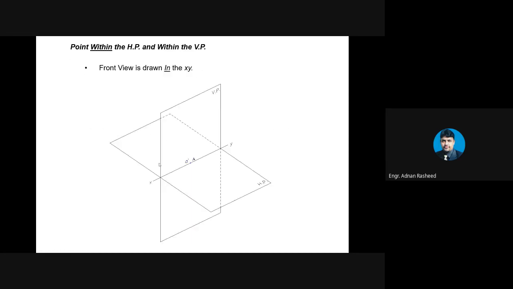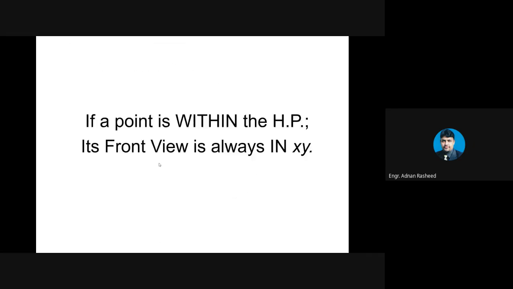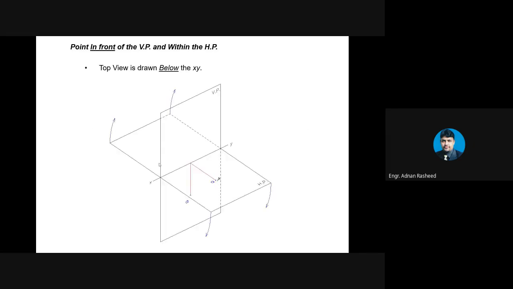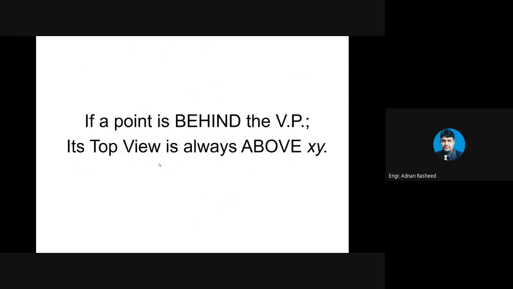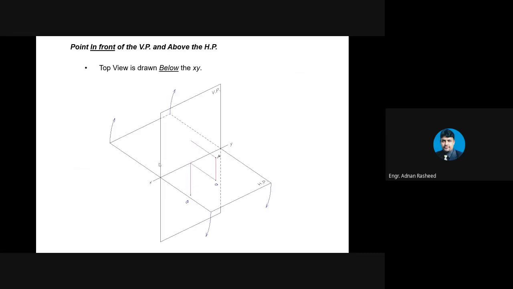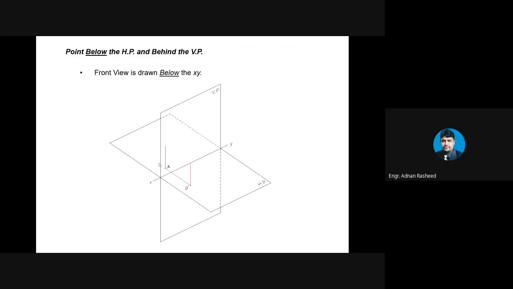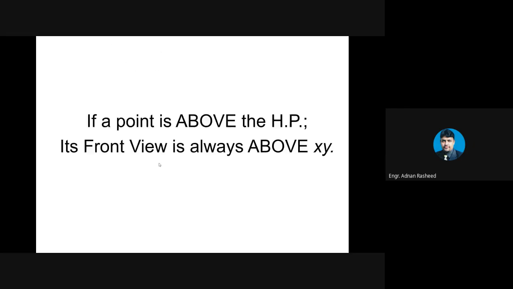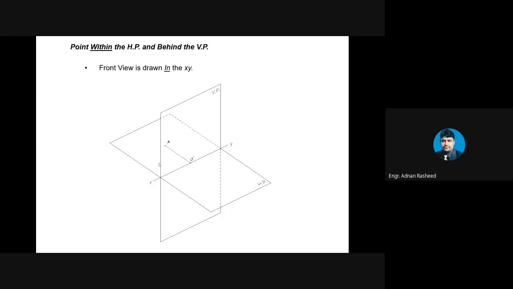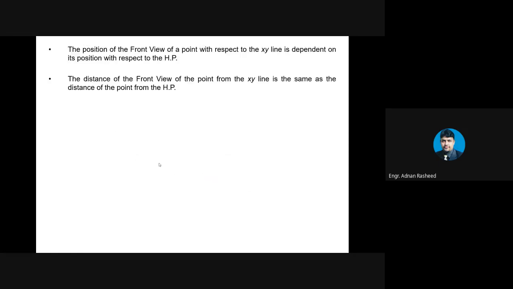When you project it, this line will coincide with the vertical plane, and this is the distance 20. So again, this top view is 20 millimeter above the XY line. I hope you will get it. The distance of the top view of a point from the XY line is the same as the distance of the point from the vertical plane.